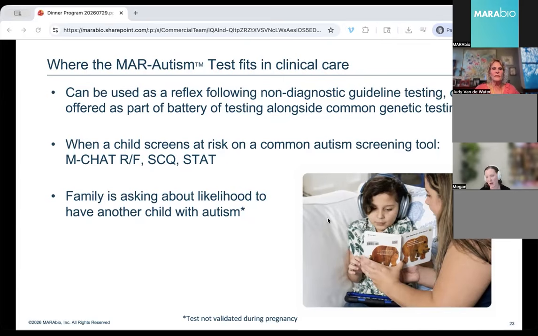That's a common approach to a new clinical test, where we have a better understanding of the risk and the performance of the test in that higher risk population. We are working on expanding it to women who do not have a child with autism. I think that's a great opportunity and a great future of where this test is headed.